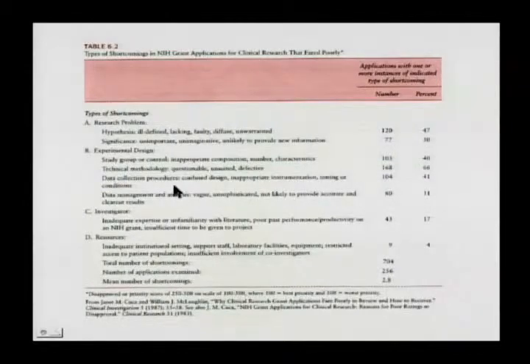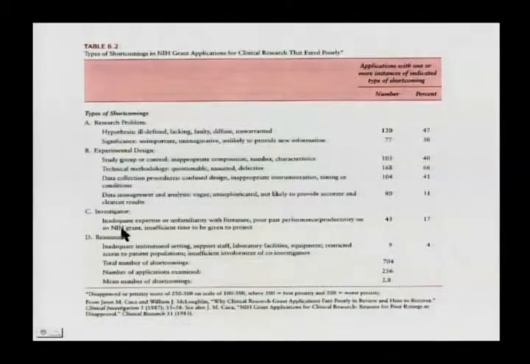Data collection procedures, confused design, inappropriate instrumentation, timing or conditions, and data management and analysis, vague, unsophisticated, not likely to provide accurate and clear-cut results. So we're going to take a look at research design approaches to try to minimize any type of criticism in these categories.